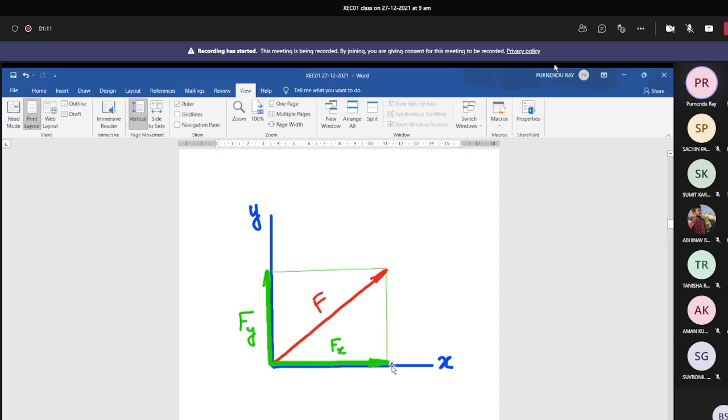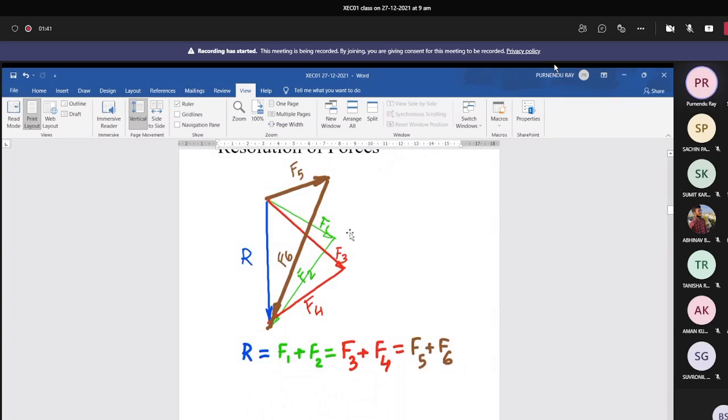We consider this point where we complete this triangle, this point as the opposite vertex to this vector F in this triangle, then these two lines are perpendicular to each other, and we can frame it on this Cartesian coordinate system, x and y mutually perpendicular to each other. In that case, this part is called the x component of the vector F, and this is the y component of the vector F. It is simply this kind of resolution.